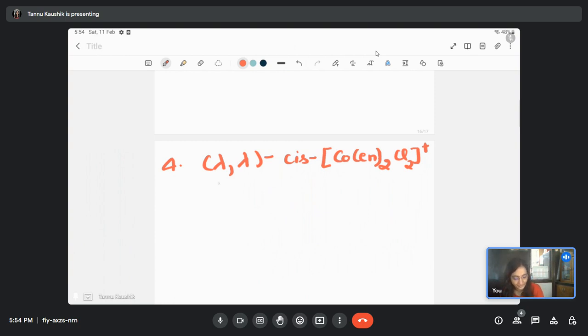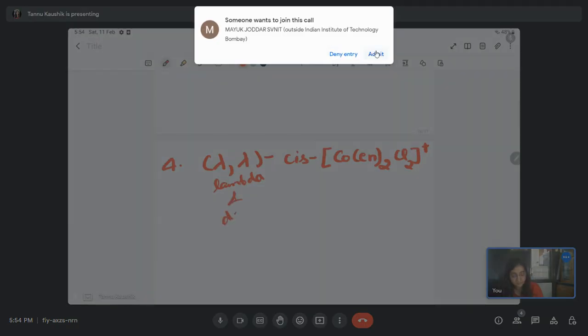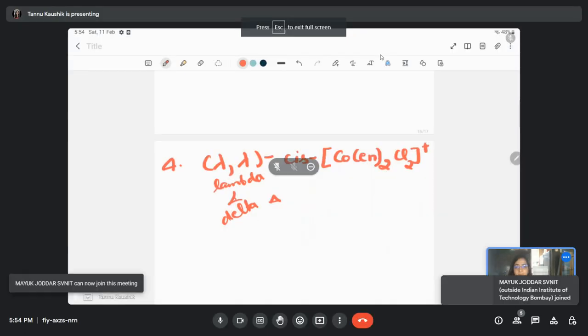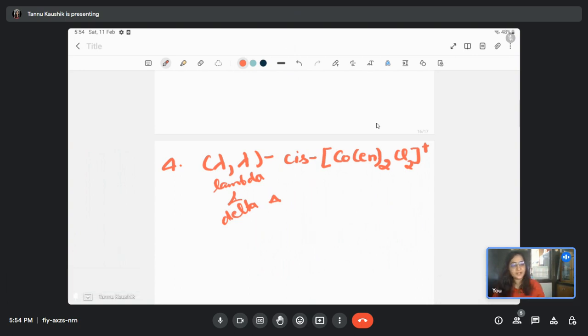So there are two enantiomers, one of which is lambda. We have taken lambda here, and delta. So for the two enantiomers, we will get different configurations, different geometries.